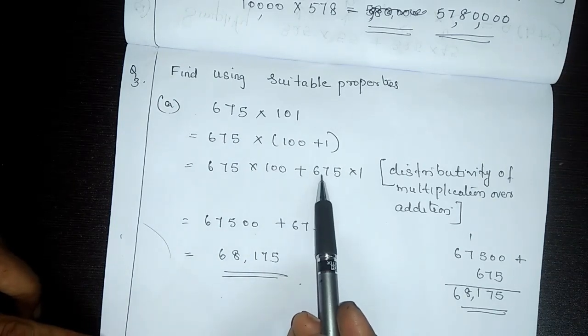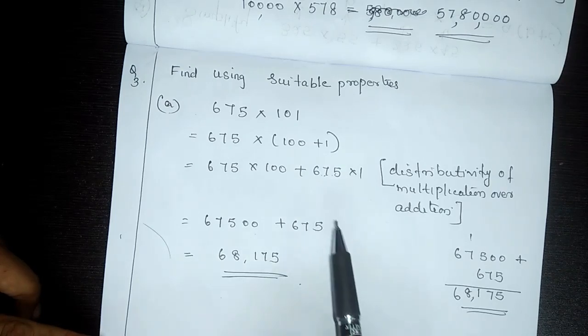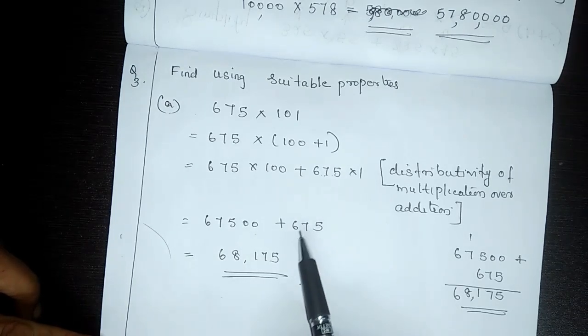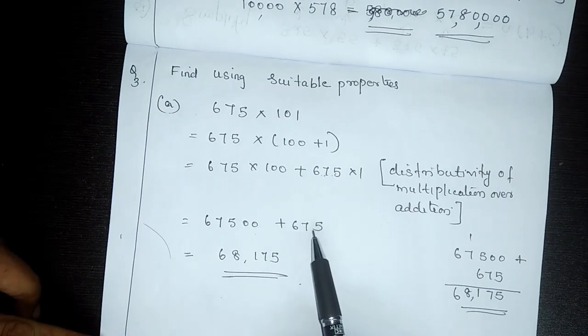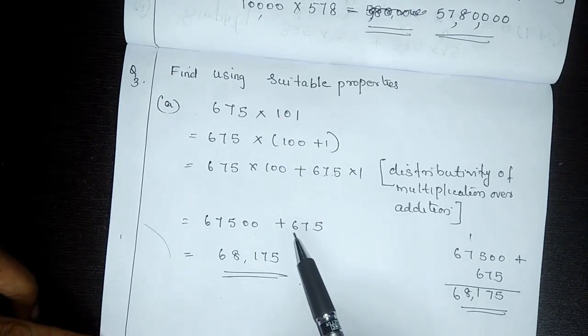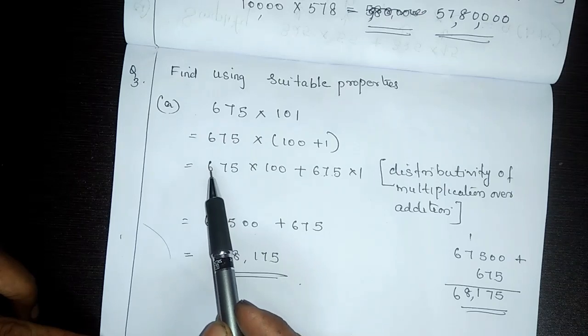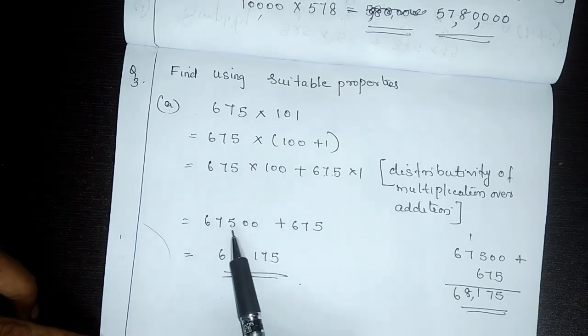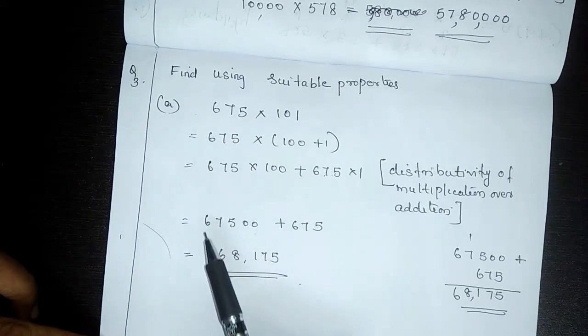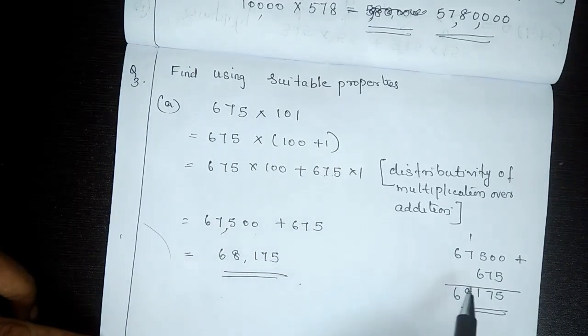While you wrote 675 into 1, as the answer some children wrote 2 or 3. I noticed 676. That is a big mistake. So don't repeat that: 675 into 1, 675 itself you write. So 675 into 100, adding 2 zeros we get 67,500 plus 675. So you will get the required answer here.